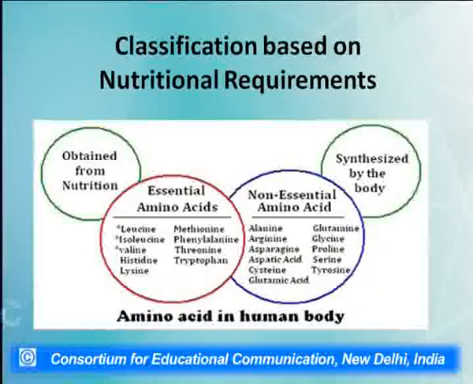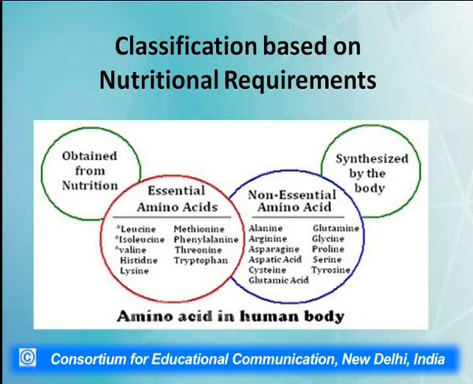Now if I talk of classification on the basis of nutritional requirements, what I've already told you is that there are certain amino acids which our body cannot synthesize. Such amino acids are known as essential amino acids. These are the amino acids which have to be provided in the diet. And then there are non-essential amino acids.